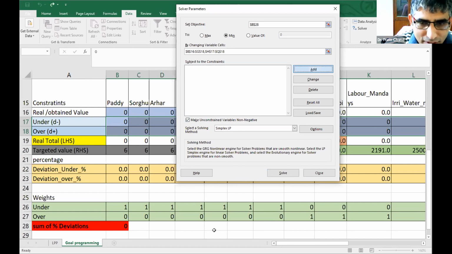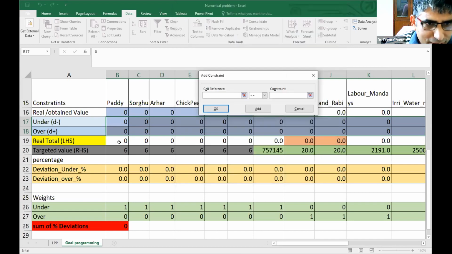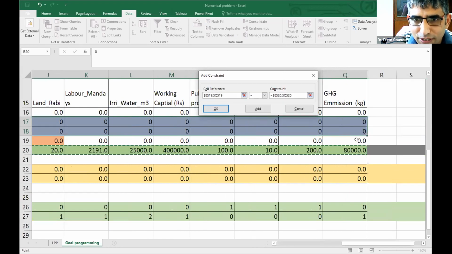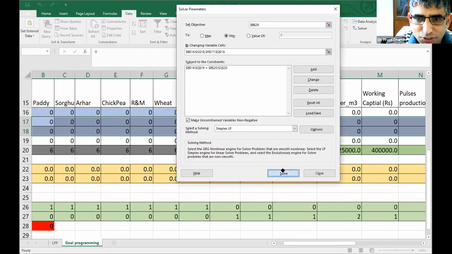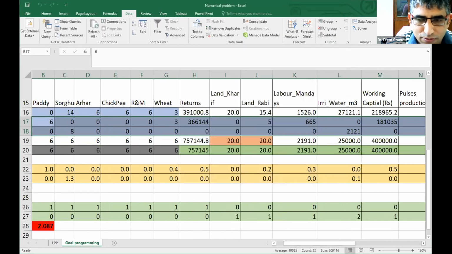And that means my real total should be equal to my targets. Okay. Solve it using syntax. It has solved.